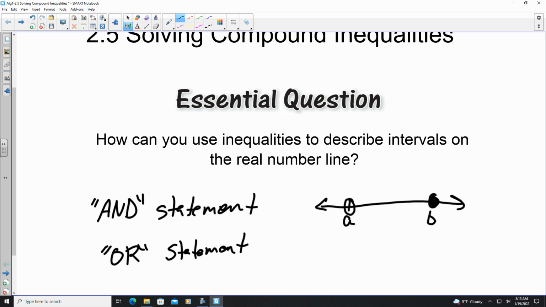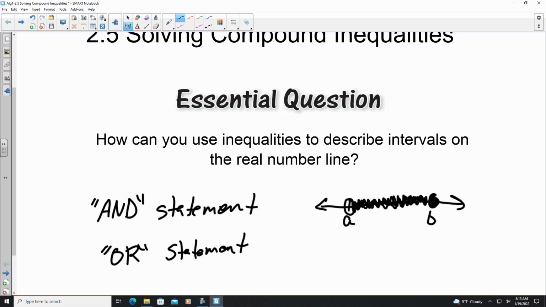That depends on the situation. But what will happen is the shading for an and statement is going to be between these two values. And that's where we're going to get the and statement from.